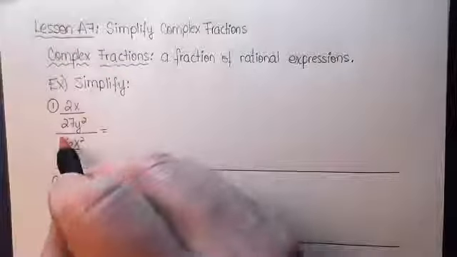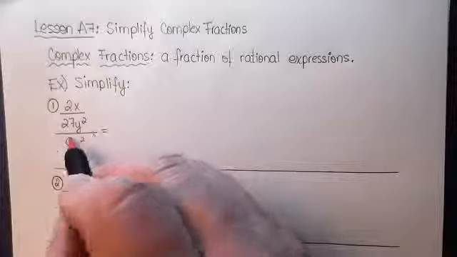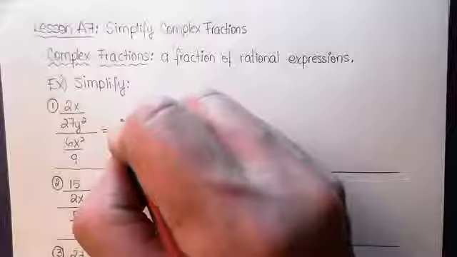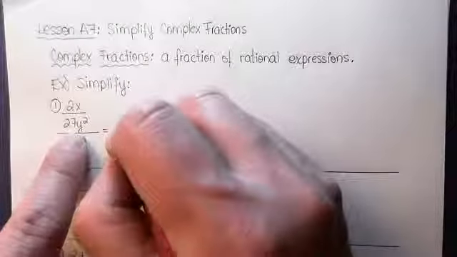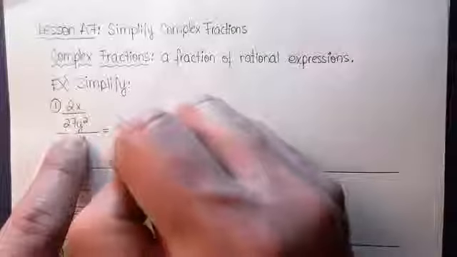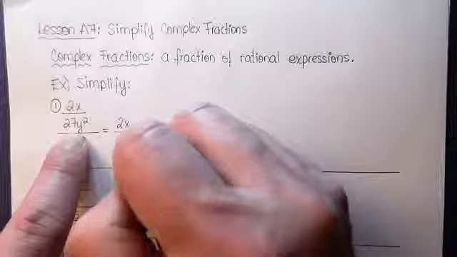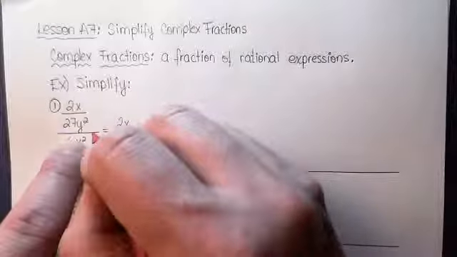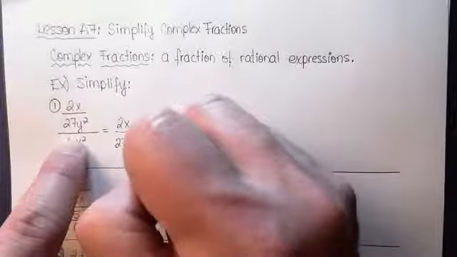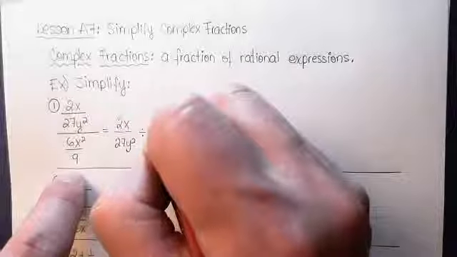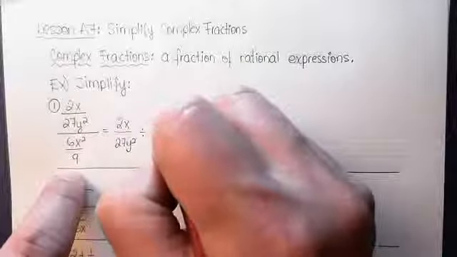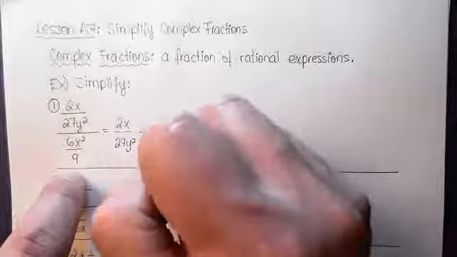Basically the way you do it is, this means division. So you copy the first fraction, and then we're going to put a division sign, and then we're going to copy the second fraction there.